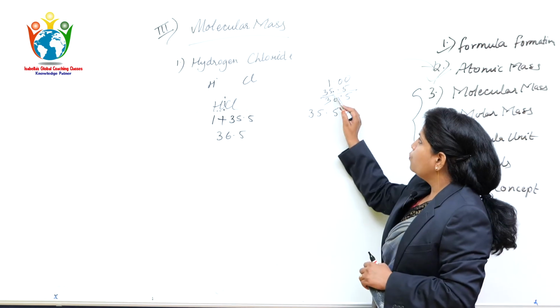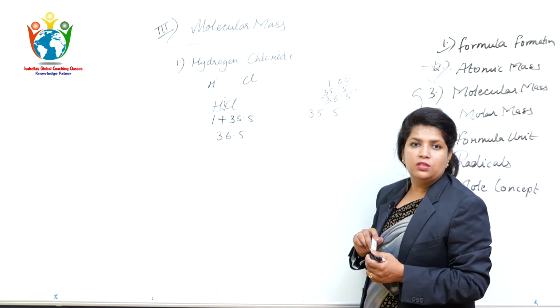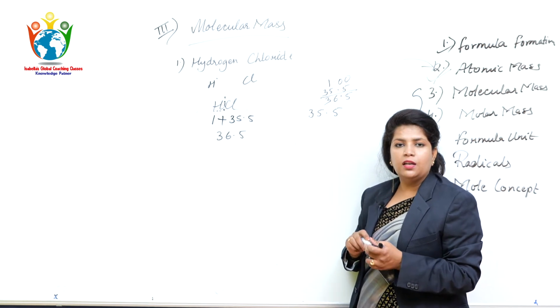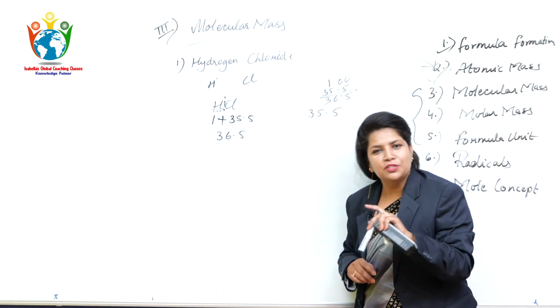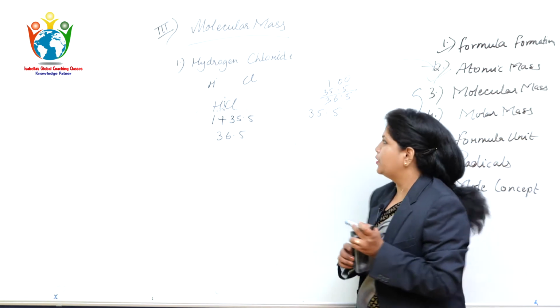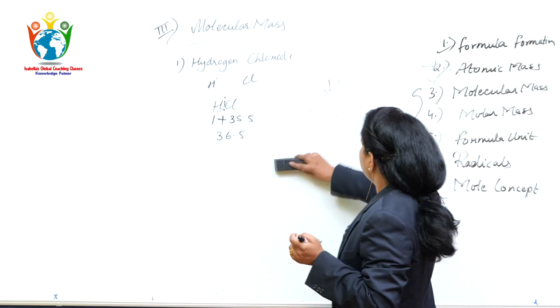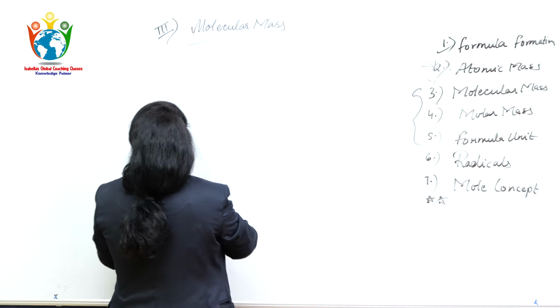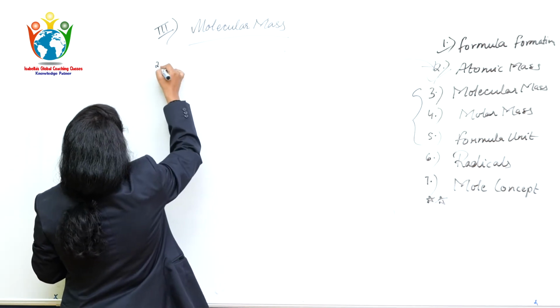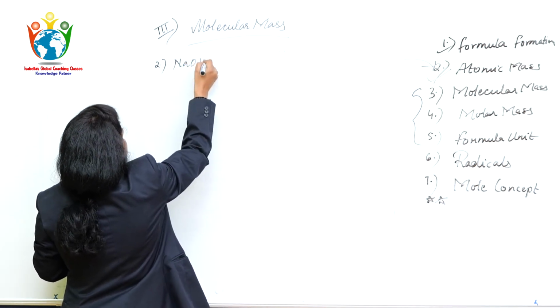So focus on your ones and tens place value, because if you make this mistake, ultimately you have to go back to third or second standard where teachers need to teach you ones, tens and hundreds place value. So we got this answer. Now we can go to the next. I'll write down the questions straightforward. NaOH, that is sodium hydroxide.